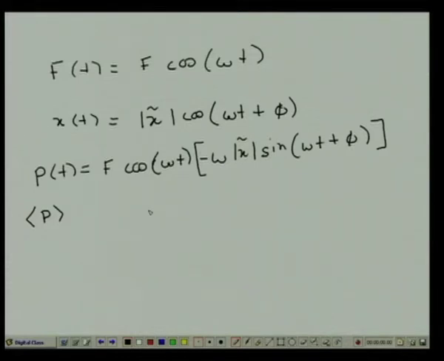Now, we have discussed earlier how to calculate the time average of oscillating quantities. So, let us apply those things over here.